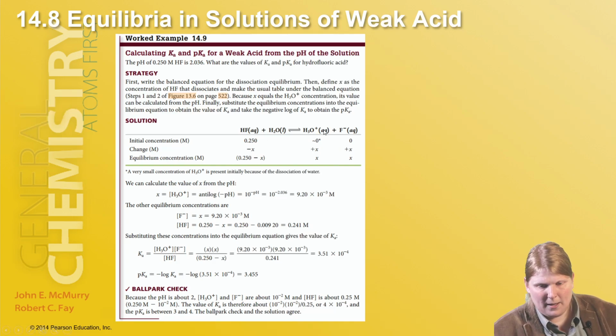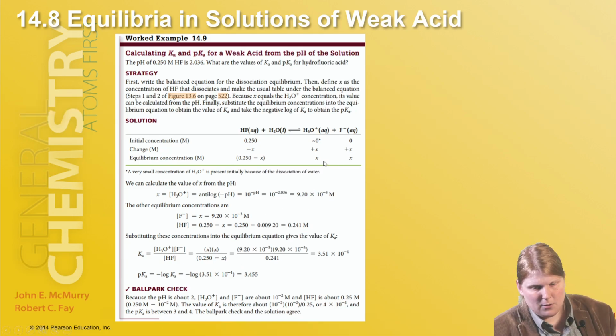The change will be based on the stoichiometry. So negative because there's a 1 in front of this, plus 1, there's 1 in front of this, plus 1 over here, there's 1 in front of this. We combine these together, subtracting x, and we can set up an equation for this, and we can get the concentration of H3O plus by taking the antilog of the pH. That allows us to solve this setup example because now we know the value of x.